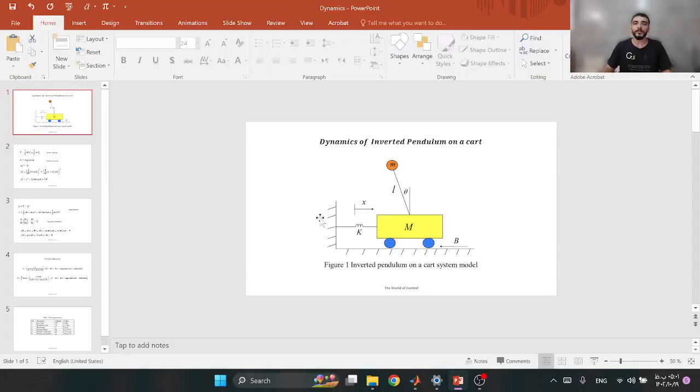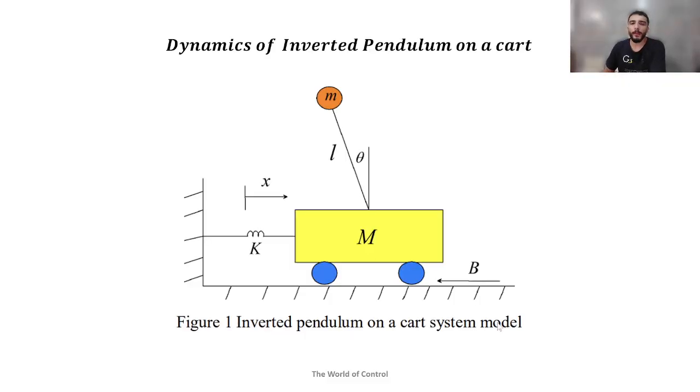So let's get started. As you know, the inverted pendulum is a system that has 2 degrees of freedom. As you can see in this picture, we have a system that has a cart with the mass of capital M and a pendulum with the length of L and the mass of letter m here.